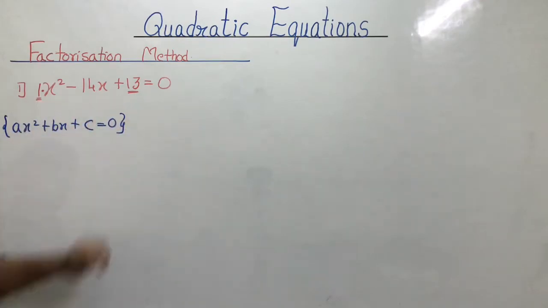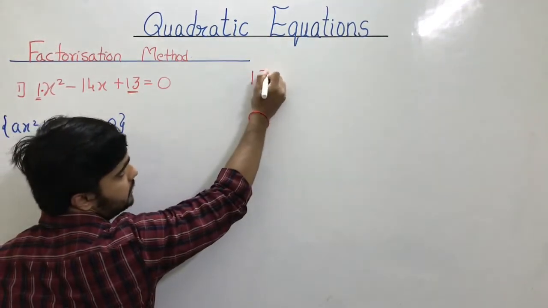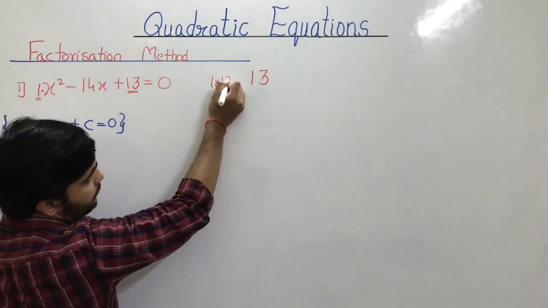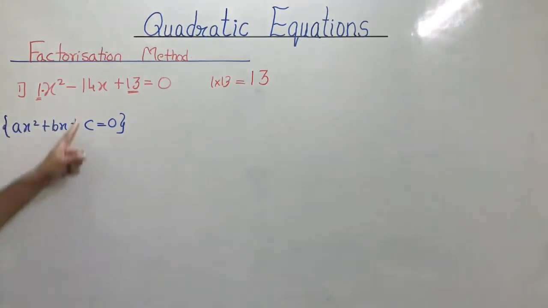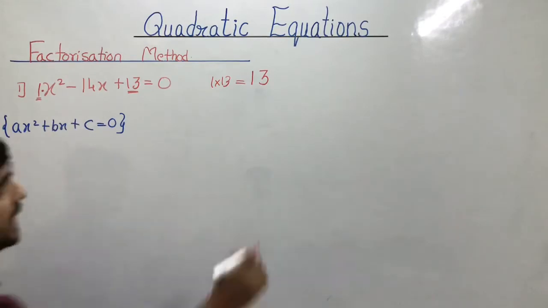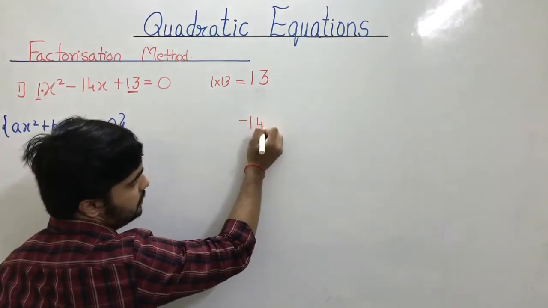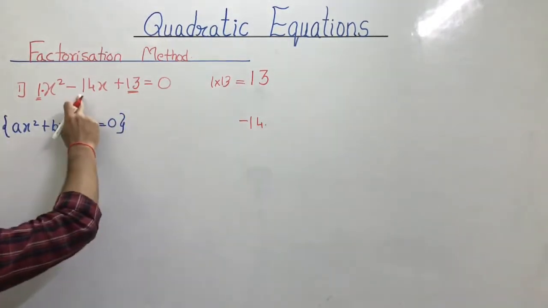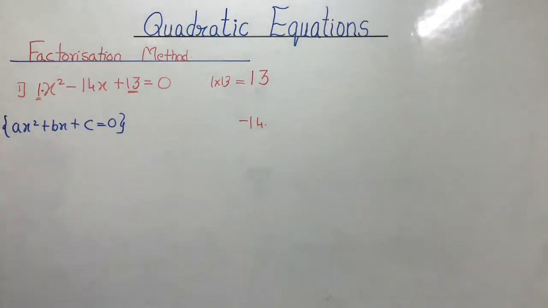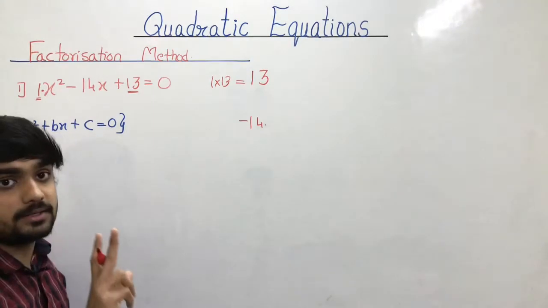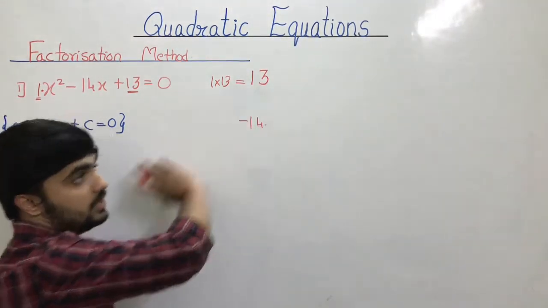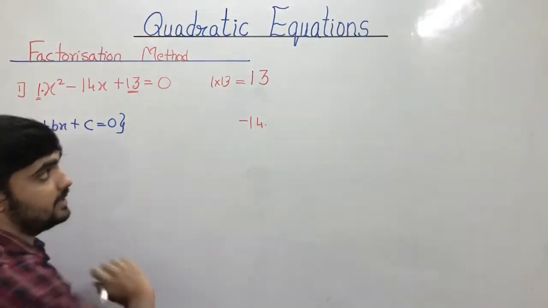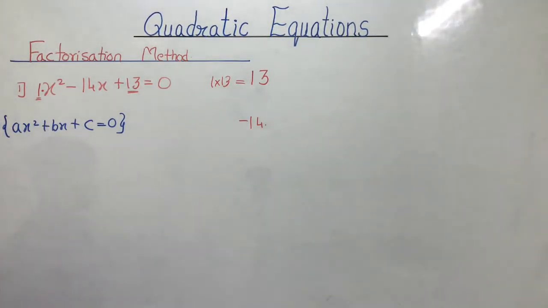So 1 into 13 is 13 in this case. So I will write down here: it is 1 into 13, and our middle number, that is b, is minus 14. Now we have to see two numbers such that their multiplication is 13 and their sum or difference is equal to minus 14.